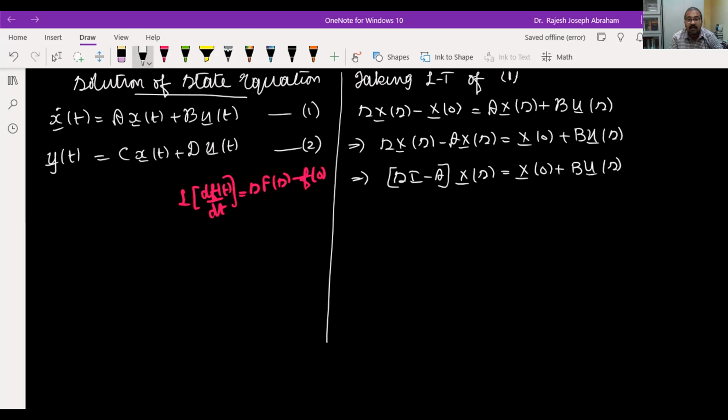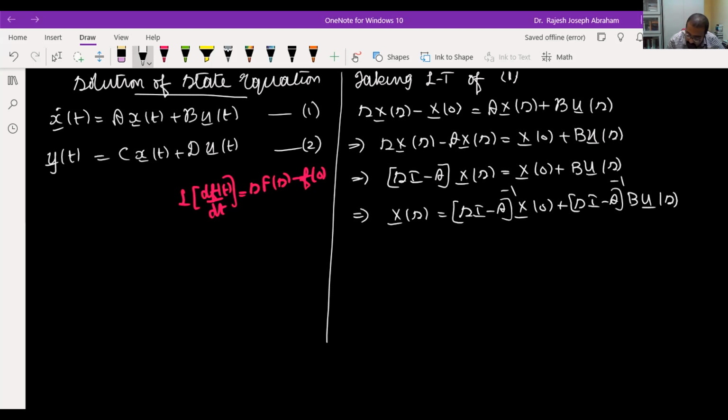What is I here? I is the identity matrix, because A is a square matrix, so I is an identity matrix of appropriate dimension. So x of s will be (sI minus A) inverse x naught plus (sI minus A) inverse B u of s.